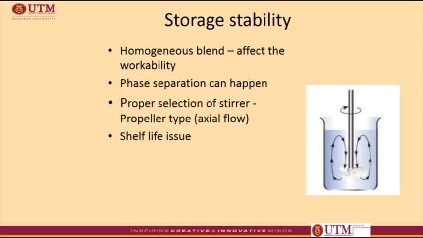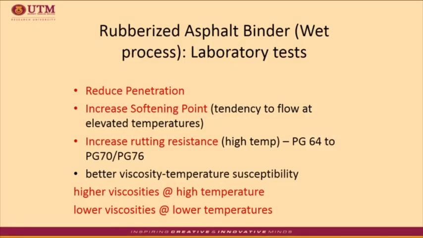But the challenge now is how to have available stock and production not rely on demand. Shelf life and the potential of separation occurring during shelf life are something that needs to be investigated further.